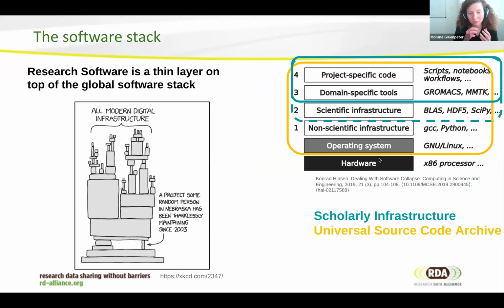And so doing something just for research software sometimes is not enough. This is why you have this blue line showing what scholarly infrastructure can cater for these types of software, while the Universal Source Code Archive, which I will demonstrate in a second, can cater for more than just the upper layer.